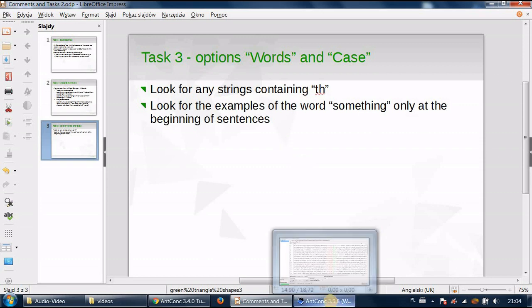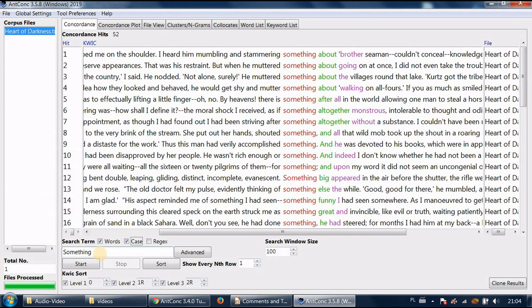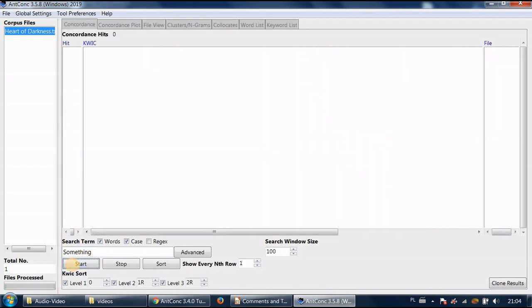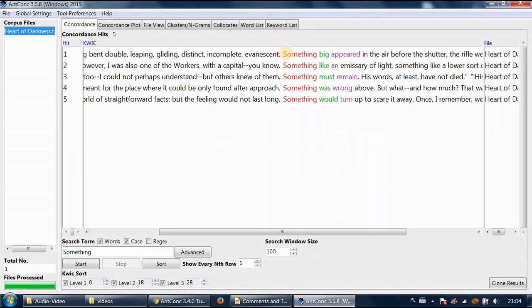Okay, and there are obviously other ways. The way you could do it is to press case and just leave something beginning with a capital letter, because if you do that, you'll get examples in which something is at the beginning of a sentence because it starts with a capital letter. Another solution would be to do this.